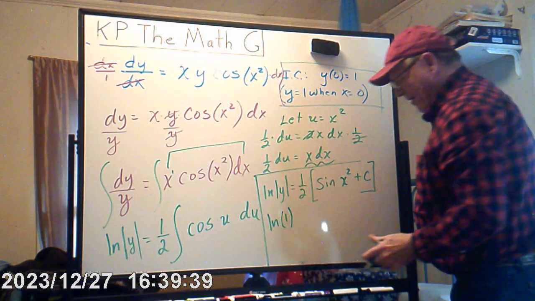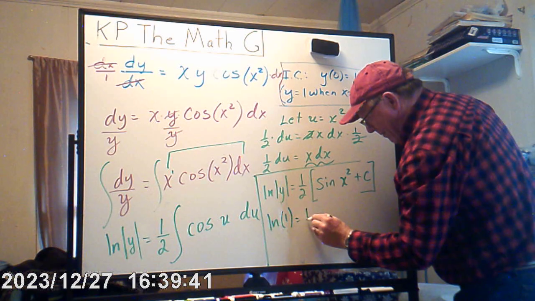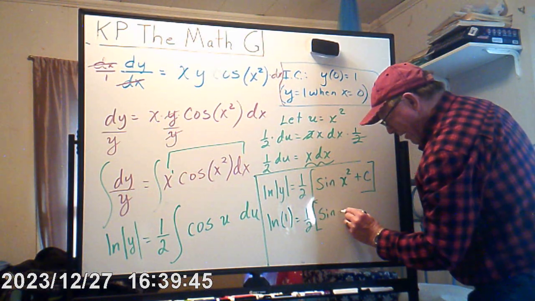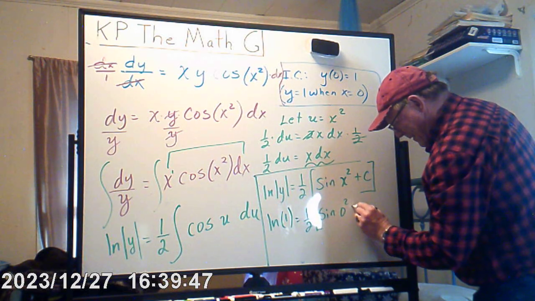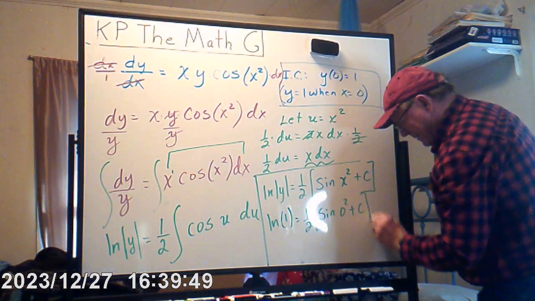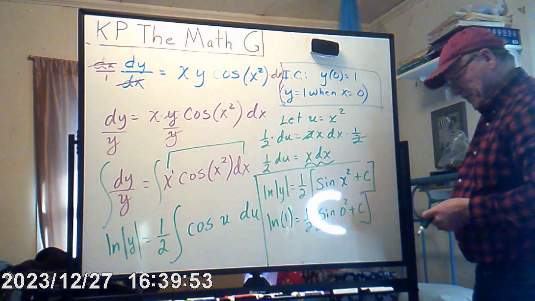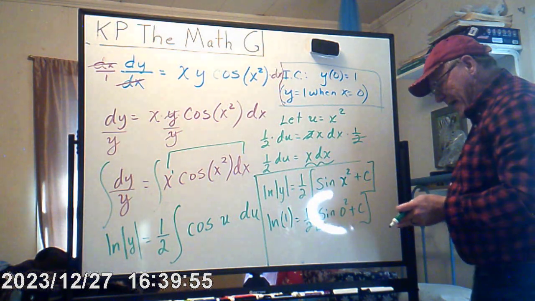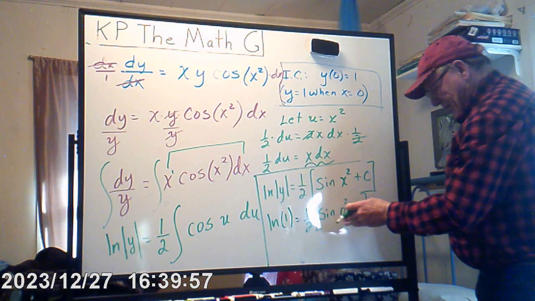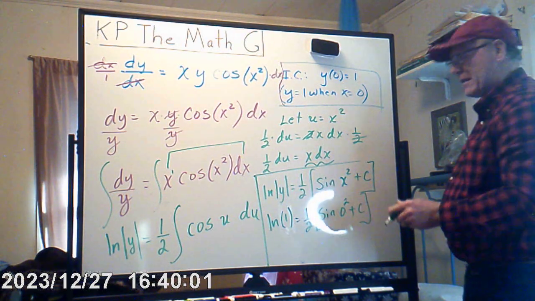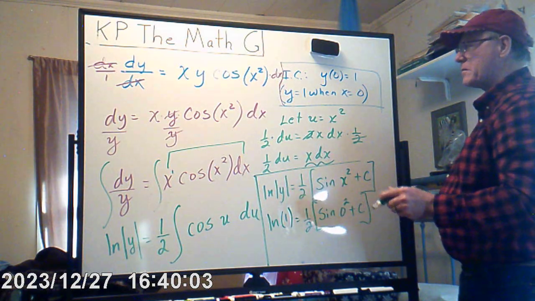Okay, I should have thought about that, but I didn't, but it's okay. 1/2 sine now 0 squared plus c. Well, obviously, what is 0 squared? It is 0, isn't it? And sine of 0, okay.